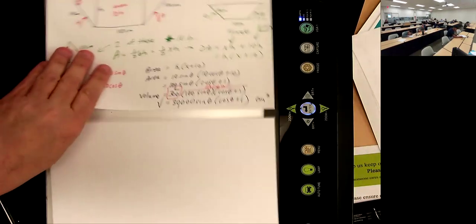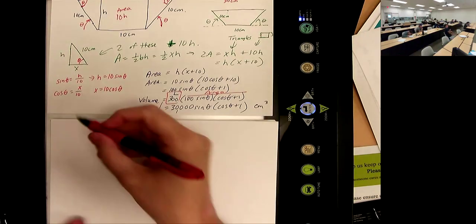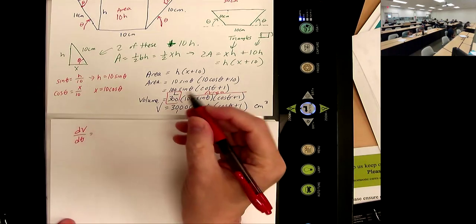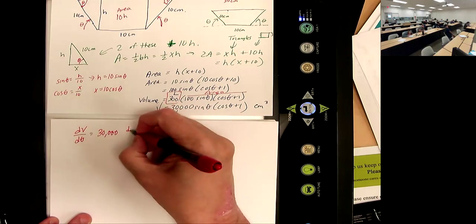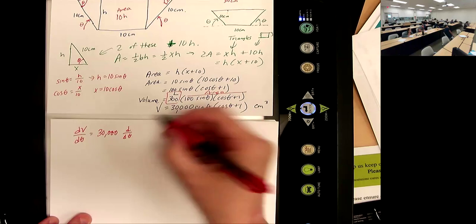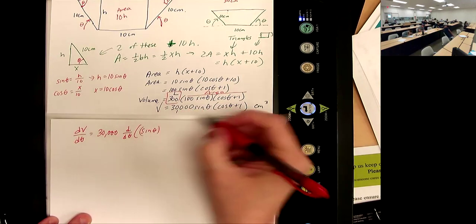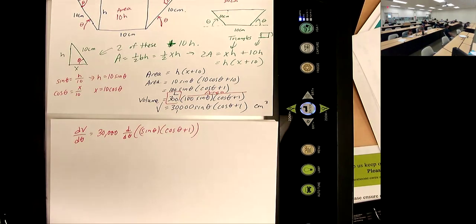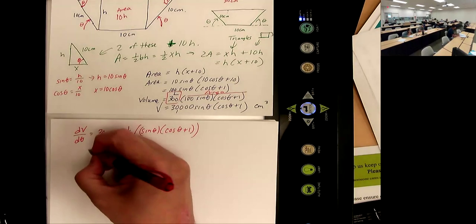Alright, we're down to theta, so we need dV d theta. I'm going to pull the 30,000 out, and we will take d d theta of sine theta times cosine theta plus 1, which is a product rule.